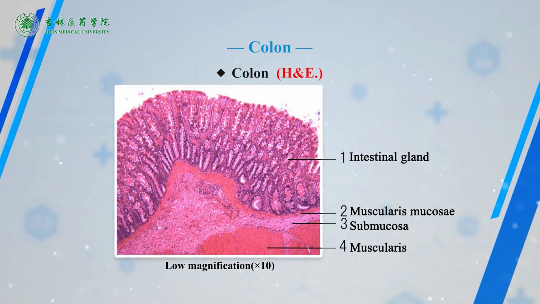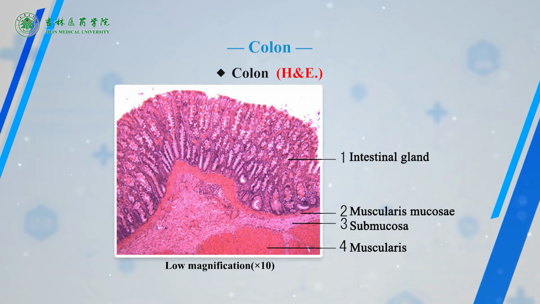The lamina propria contains a lot of intestinal glands, resulting from the invagination of epithelium, which are tubular glands and may be present as longitudinal, oblique, or cross-sections.